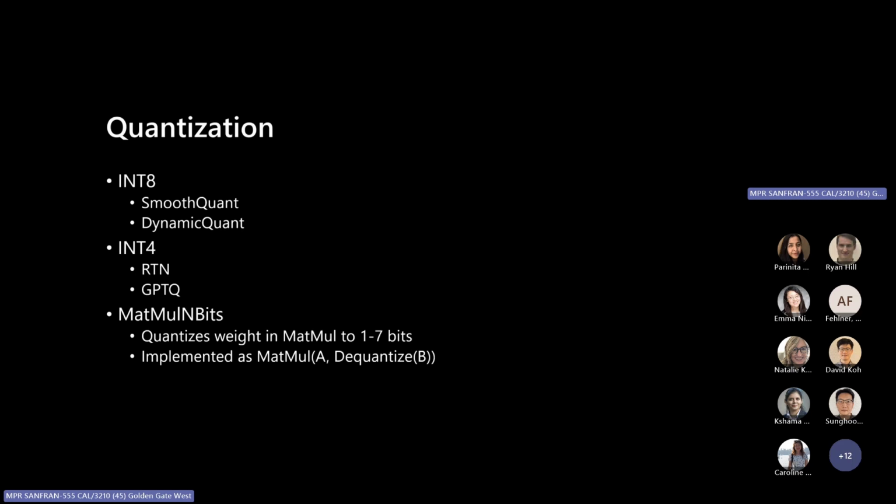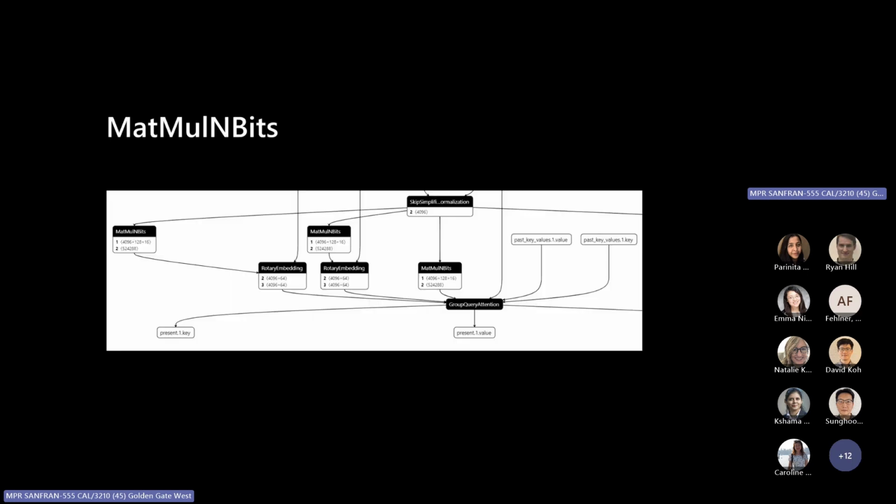And currently it's implemented as a simple operation. When you actually want to do your matrix multiply, you have your input A and your weights B. You want to dequantize your weights from whatever precision you quantized them to back up to whatever precision A is so that you can actually do the MatMul operation. You can't really do MatMul operations in different precisions. And so that's what that looks like here in the graph.